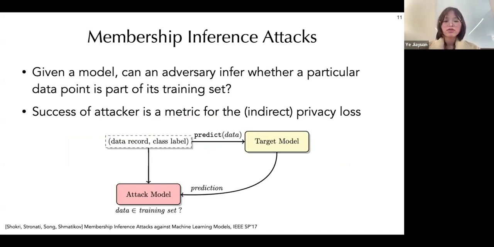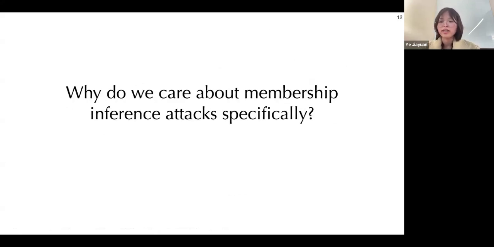And then the success of the attacker gives you a metric for the indirect privacy risk of the target model about its training data set. So why do we care about this membership inference attack specifically? At first sight, it may seem very benign, because I already know the data that I want to infer membership for, I already know all of its values, so why do I care whether it's used in the training or not?